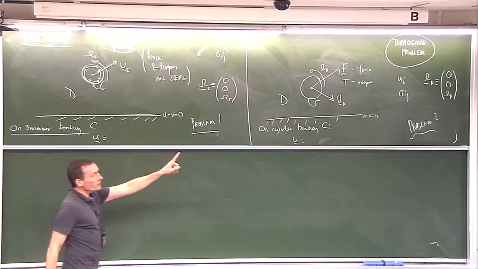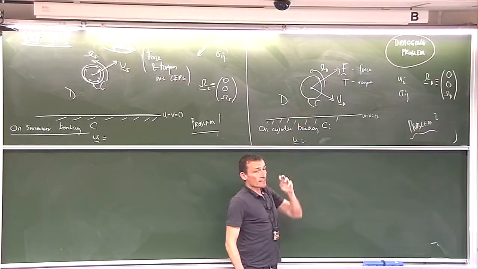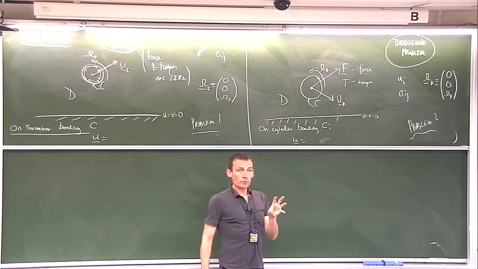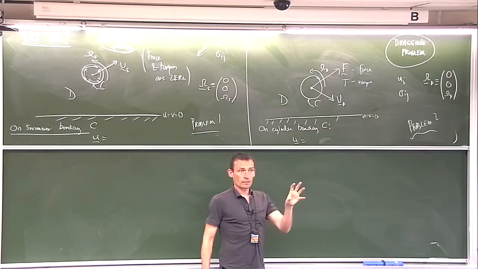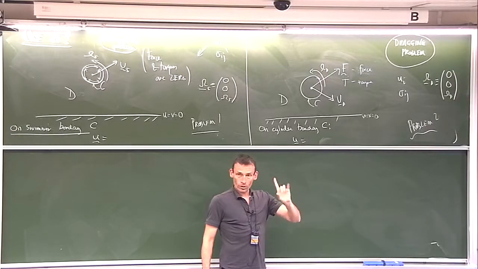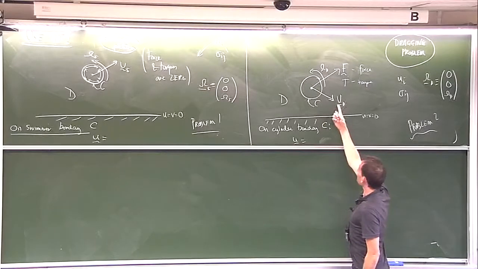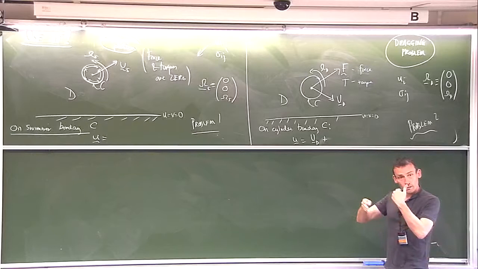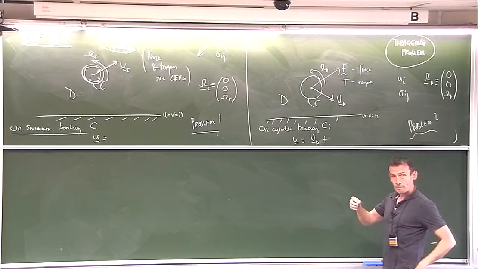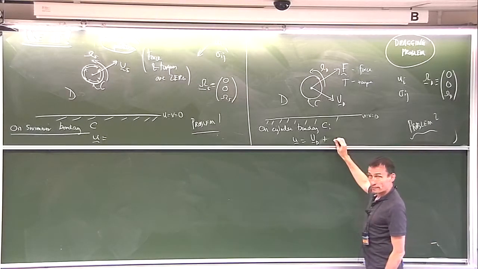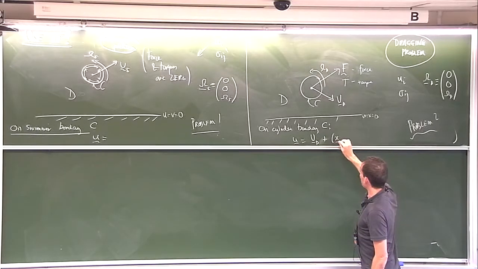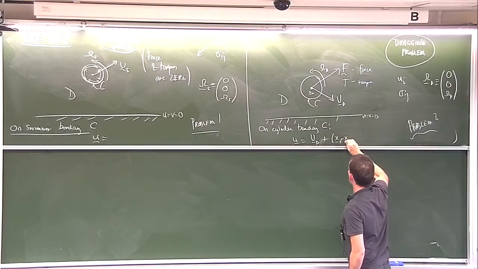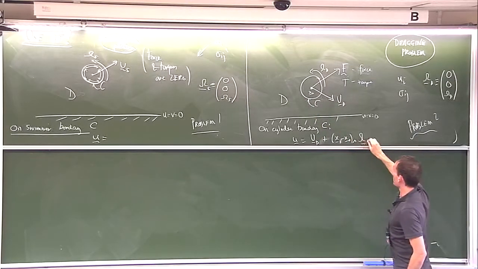Well, let's do this one first. This is a cylinder that's a solid body. So it can only move with Euclidean motions. It can translate or it can rotate. So the velocity, I've told you, its translational velocity is ud, but it can also rotate. Okay? So I can write in vector notation, let's call the center of it x naught, x minus x naught cross omega d.